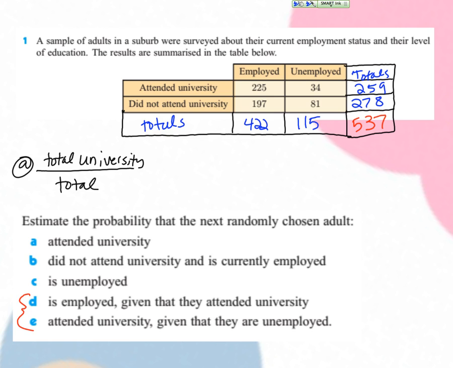So attended university, if I follow this row over, that was 259 divided by 537. For most of these, since we can't reduce this fraction, we end up giving that decimal answer. We check the back of the book, and we have 0.482.